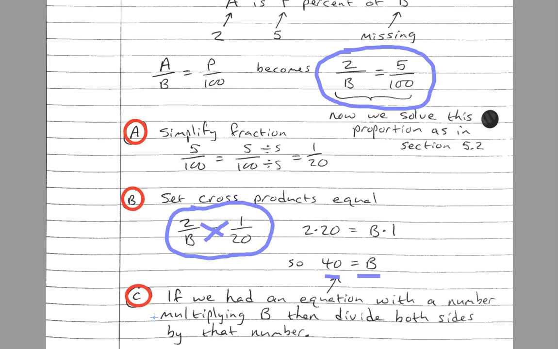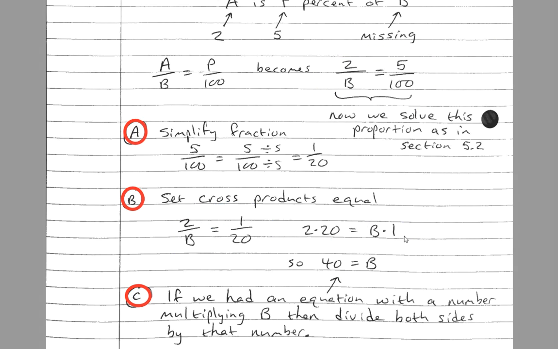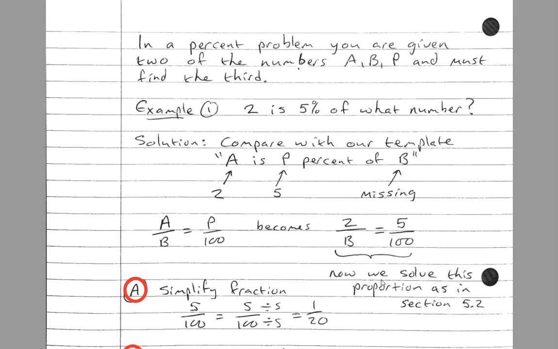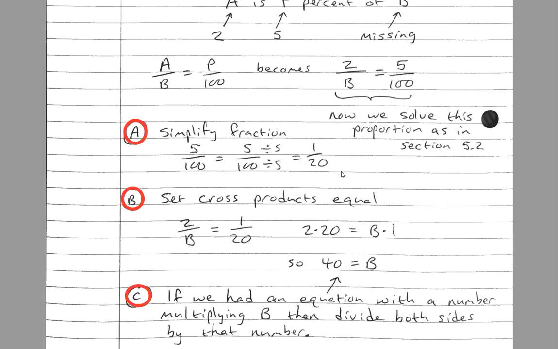We didn't need the third step, but if there was some number instead of 1, say a 13, then to find the B we'd have to divide both sides by 13. But here B was 40, so that was the number we're looking for.